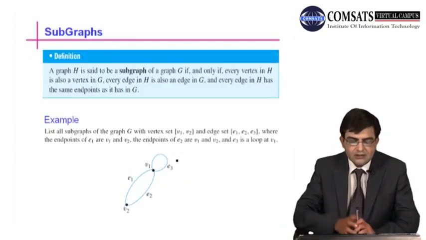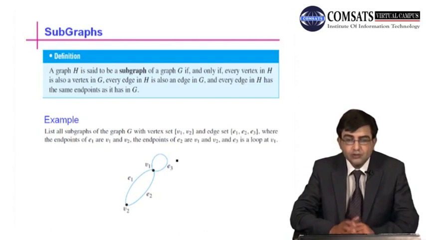So what is a subgraph? You know the definition of graph, which we discussed in the previous lecture. If we have any graph G or H, we can denote it by a capital letter.